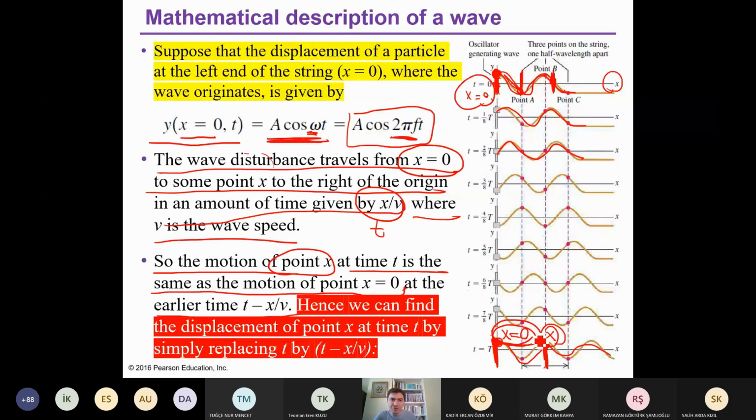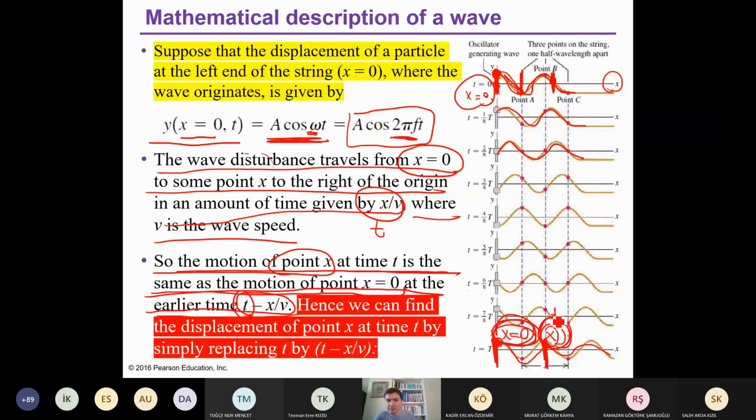So then I have this definition. The motion of point x at time t is the same as the motion of point x equal to 0 at the earlier time t minus x over v. This is where we have motion when the time is t, and this is the motion we have when the time is t minus x over v.